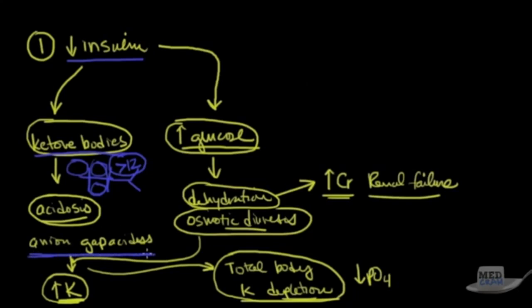You'll have an anion gap metabolic acidosis, and that is kind of a surrogate for how big the ketone bodies are. But you can actually measure ketone bodies. Some hospitals measure serum ketones, and some also measure something called beta hydroxybutyrate.